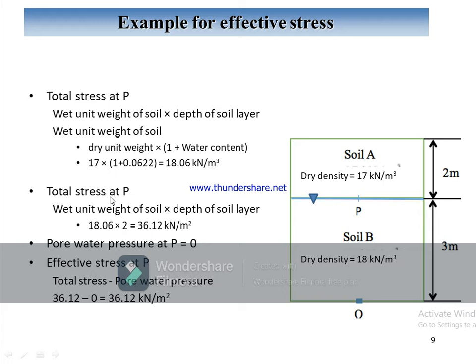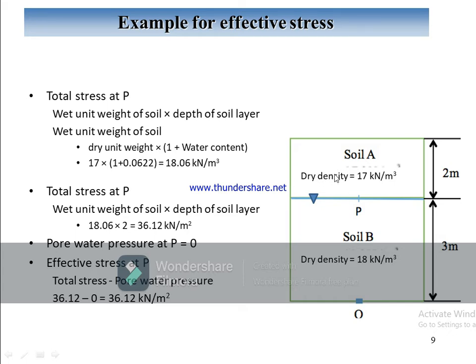Then the total stress at point P will be what? We use this gamma value and the 2 meter depth, 2 multiplied by gamma, and we get the total stress at point P. At that point the soil is unsaturated.